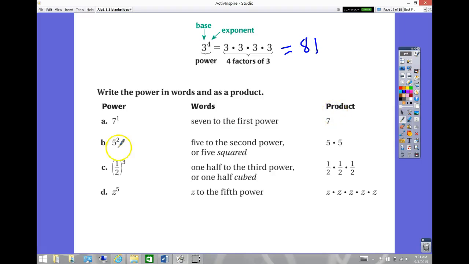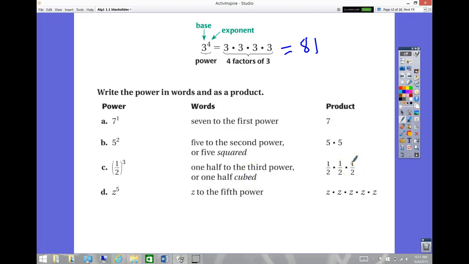Okay, a base of 5 raised to an exponent of 2 is 5 to the second power, also known as 5 squared. That's a word you need to know, and that is 5 times 5. 1/2 to the third power is also known as 1/2 cubed, which would be 1/2 times 1/2 times 1/2.